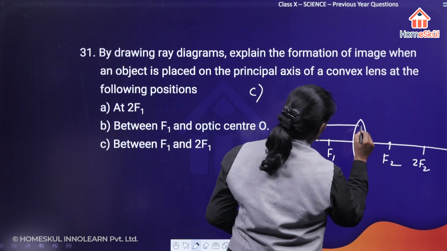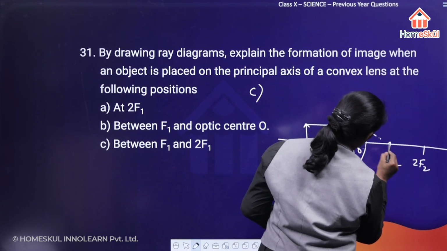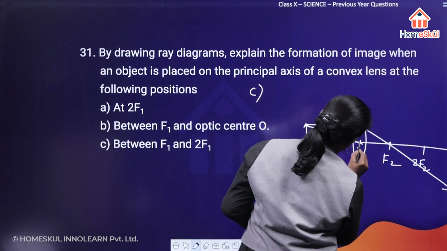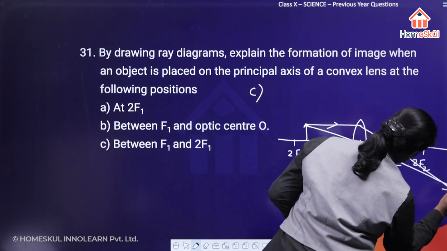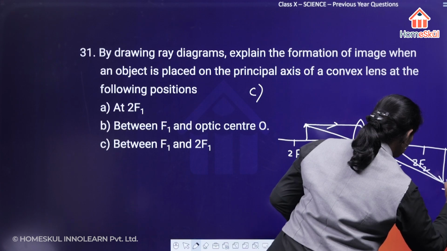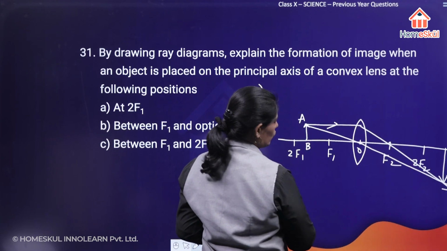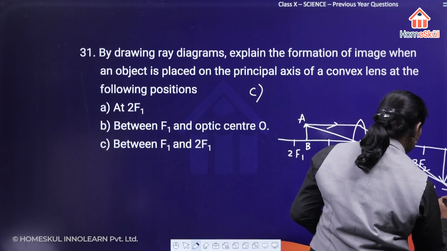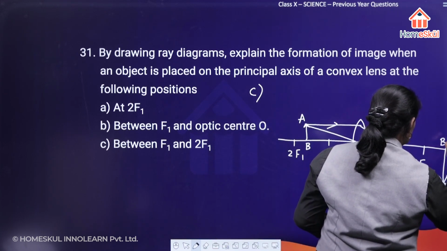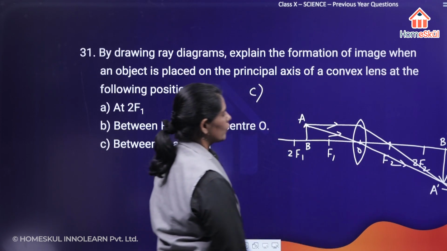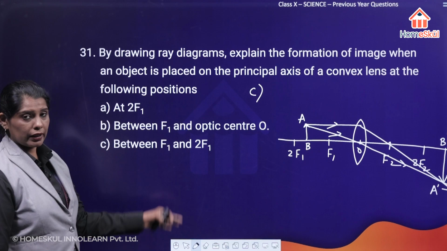So the first ray parallel to principal axis, and then it will pass through the focus, that is f2. The second ray after refraction will pass, and you can see that it meets beyond 2f2. So when the object is kept between f1 and 2f1, we get the image beyond 2f2, again a real and inverted image. Clear? So that is our third case.